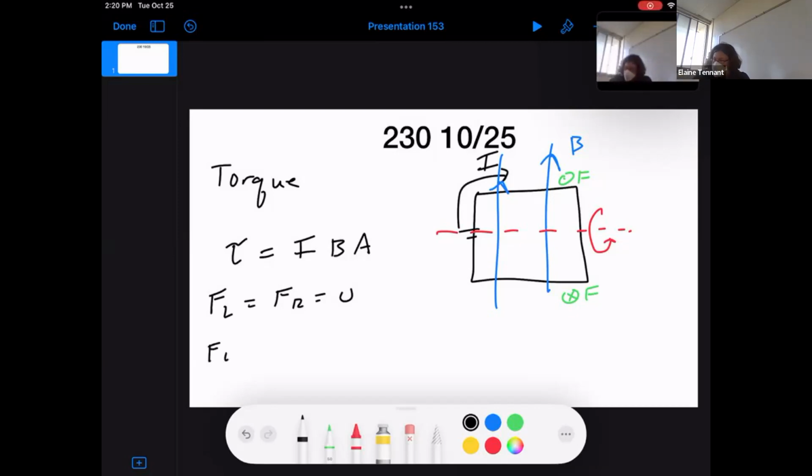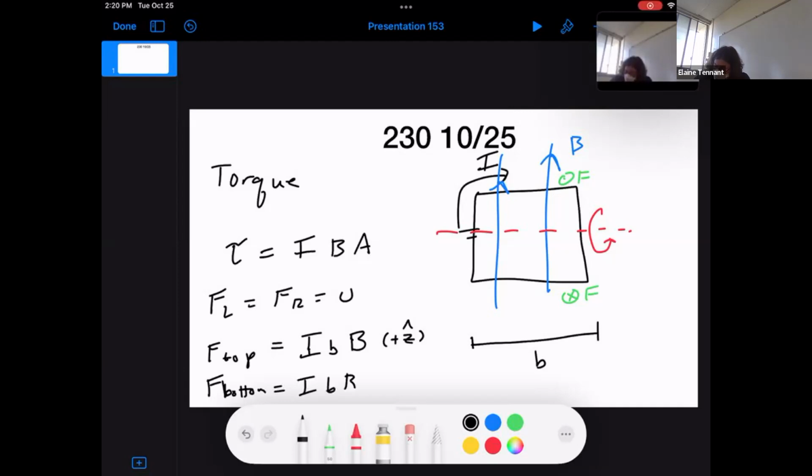We found the force at the top to be equal to the current times the length of this wire, which I believe we called small lowercase b, times the magnetic field, uppercase B. And that was in the positive z direction. And the force on the bottom had the same magnitude, but was in the opposite direction.